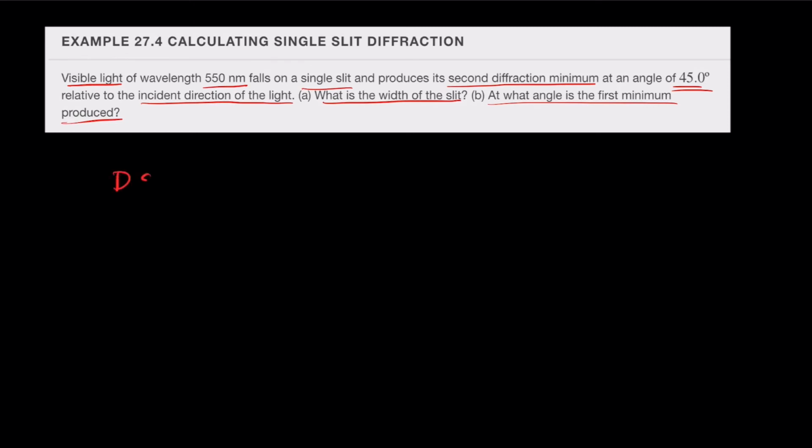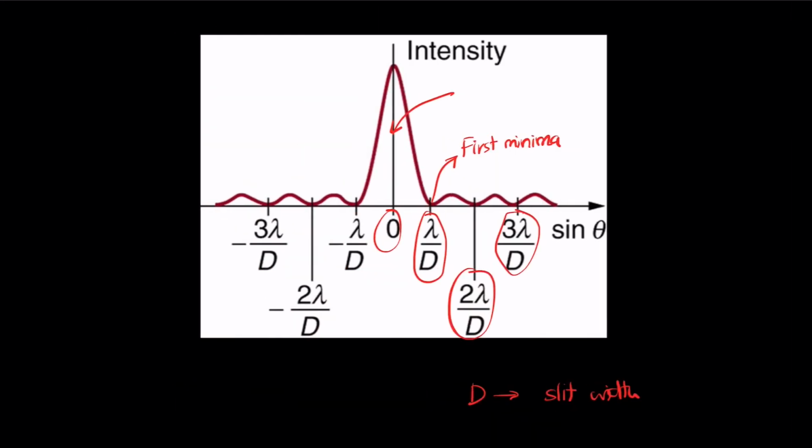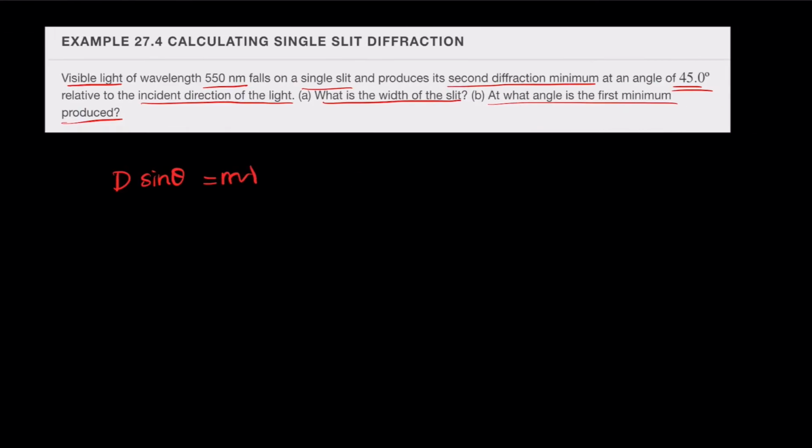So d sine theta is equal to m lambda. They are asking you the second diffraction minimum. If you take the second diffraction minimum from this diagram, that is 2 lambda by d. So the angle at which it forms is 2 lambda by d.